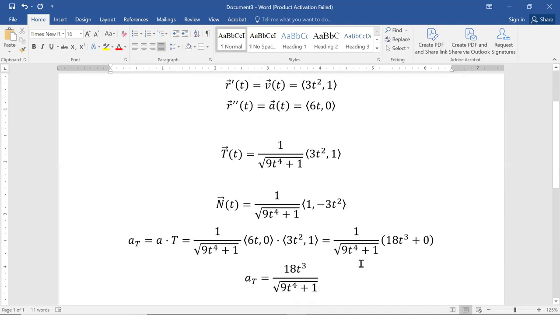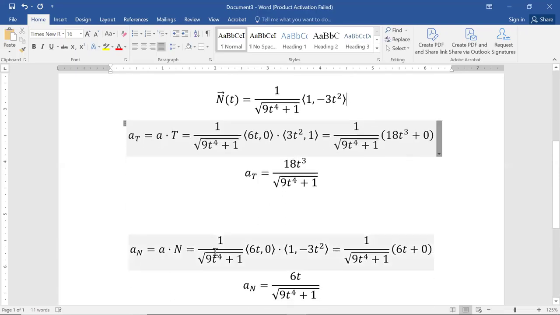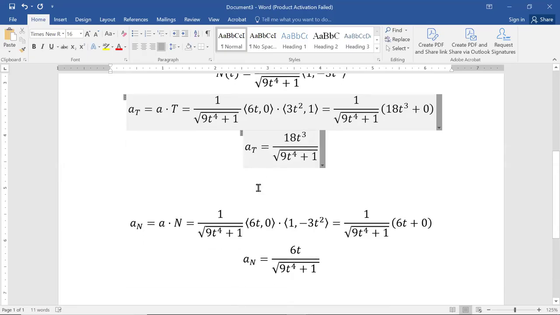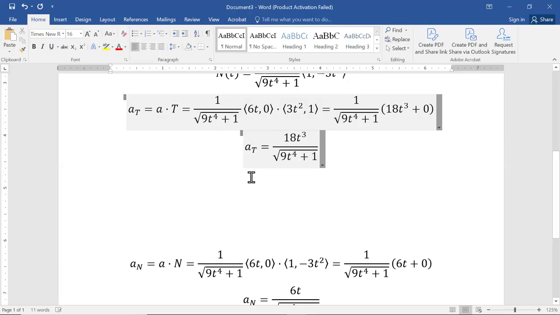So oftentimes, if somebody asks you to find the a sub t or the a sub n, one of those other formulas may be a little bit easier. Let me show you that they give you the same thing in this case. So let's deal with a sub t using the other formula, and let's deal with a sub n using the other formula.